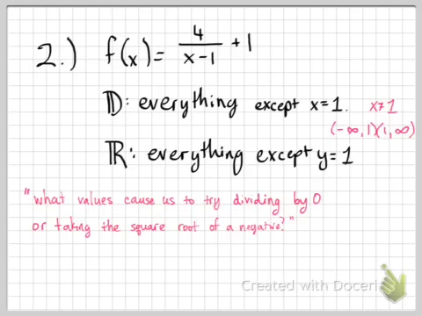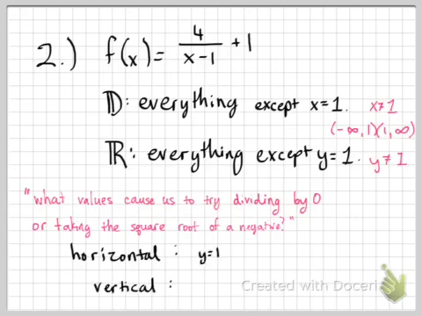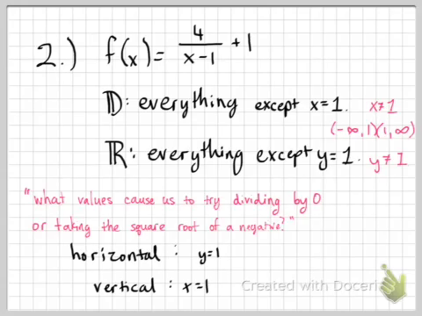That's the only value that's not going to be within the range of this function. Now notice that the range creates the horizontal asymptote, and the domain creates the vertical asymptote. So our horizontal asymptote is at y equals 1, and our vertical asymptote is going to be at x equals 1.